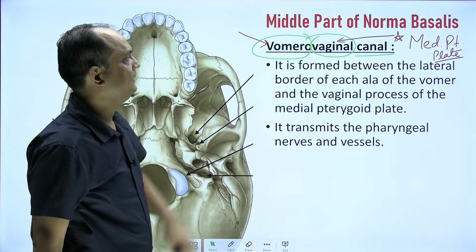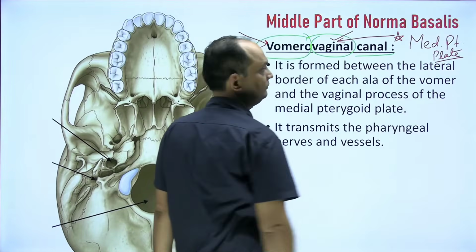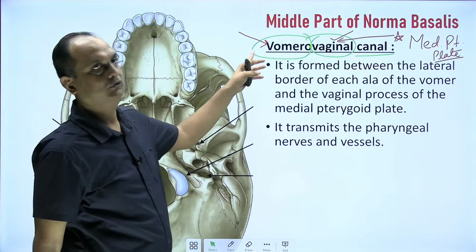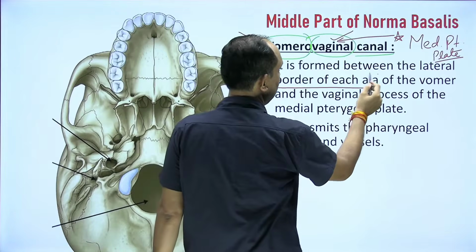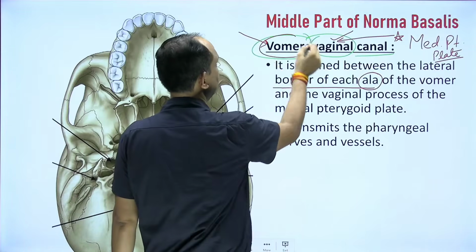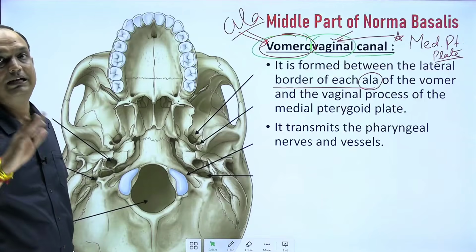So it is a gap between the vaginal process of the medial pterygoid plate of the sphenoid bone and the vomer bone. It is formed at the lateral border of each ala. So first, which part of the vomer bone? The ala of the vomer bone, and you approach the ala on its lateral border.